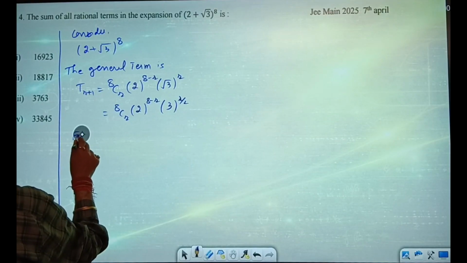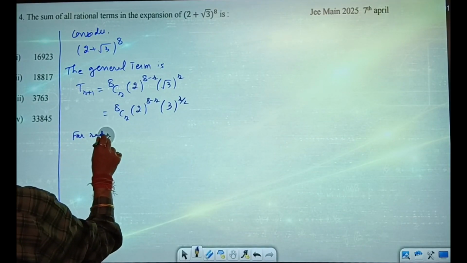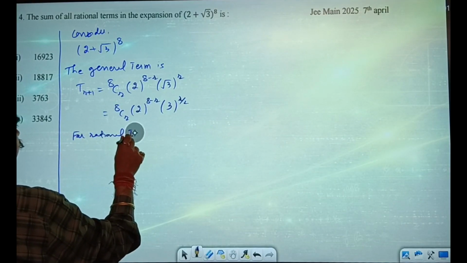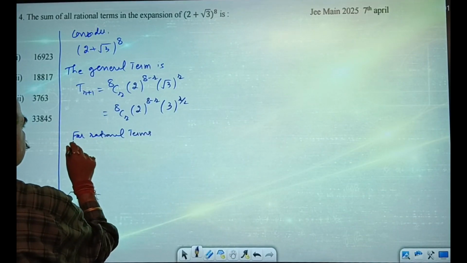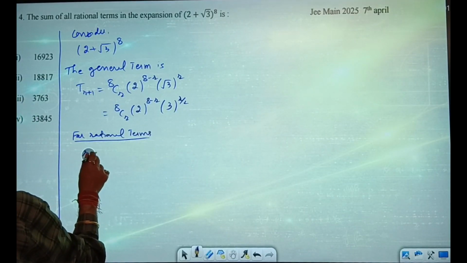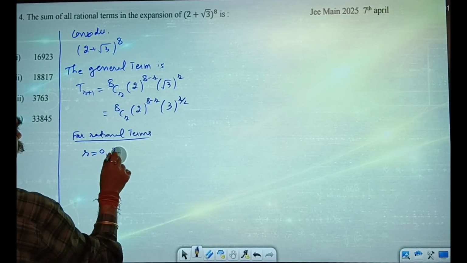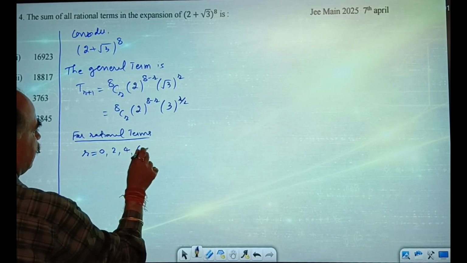For rational terms, r must be 0, 2, 4, 6 and 8.